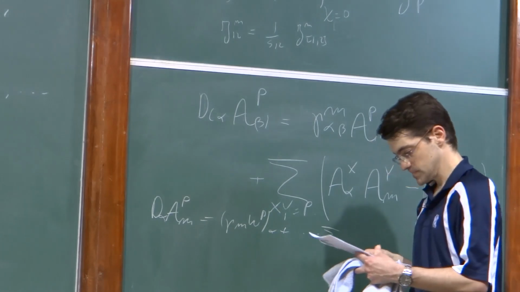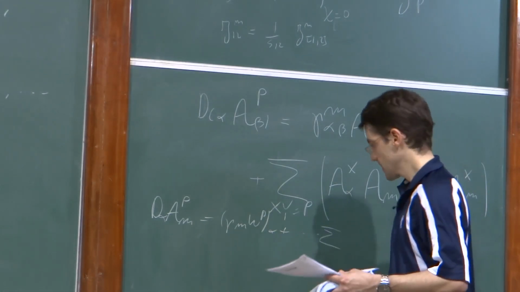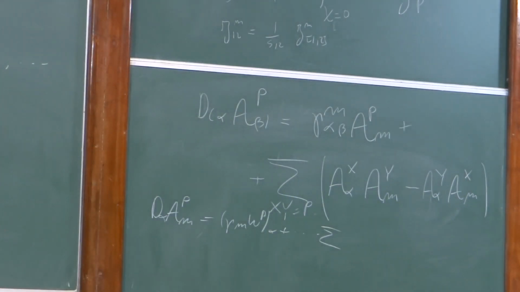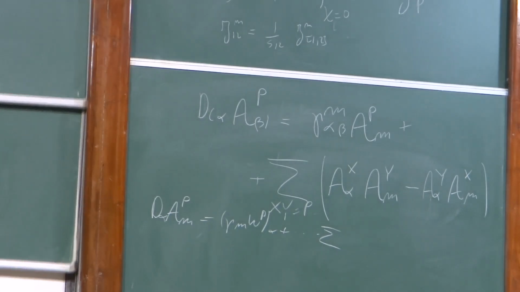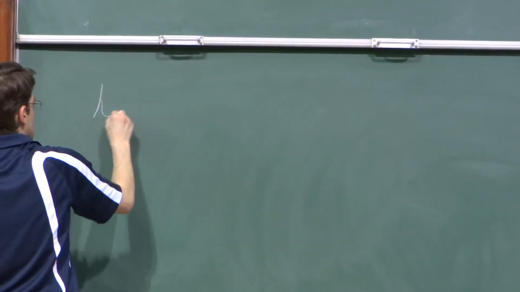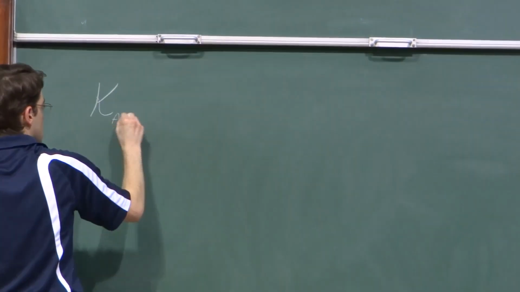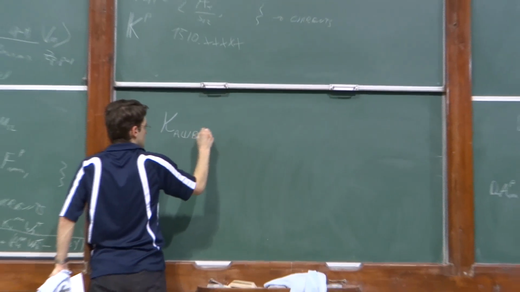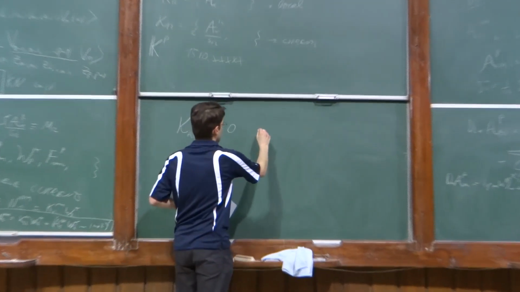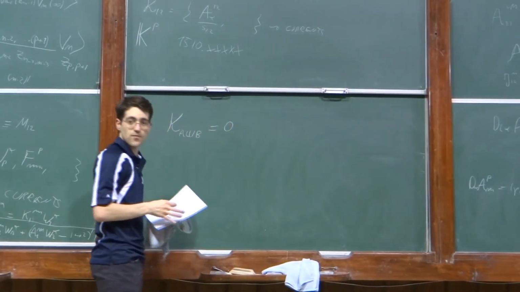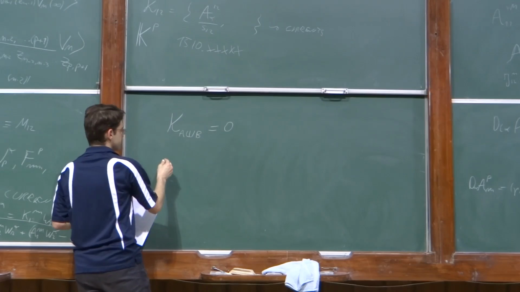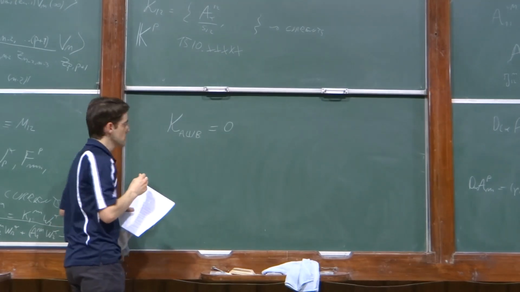An interesting thing that happens with these currents are the symmetries that they satisfy. The curly K of A shuffle B is 0, for any A and B. The shuffle product is familiar. This symmetry is called the Berends-Giele symmetry.